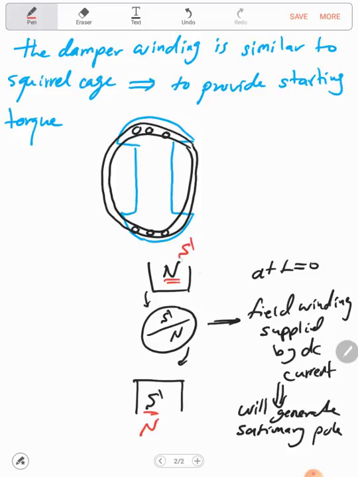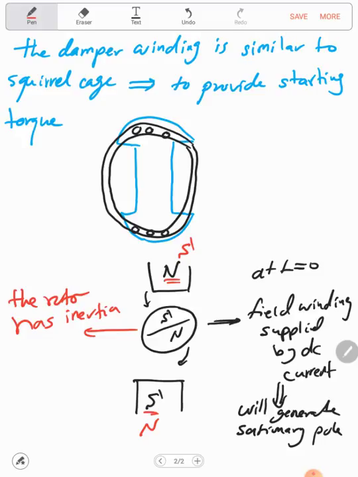Because those are alternating at the frequency of the stator. So the rotor has inertia, which means that it needs time in order to speed up, and this time is very short compared to the electrical time constant. So in this case, the machine will never rotate.